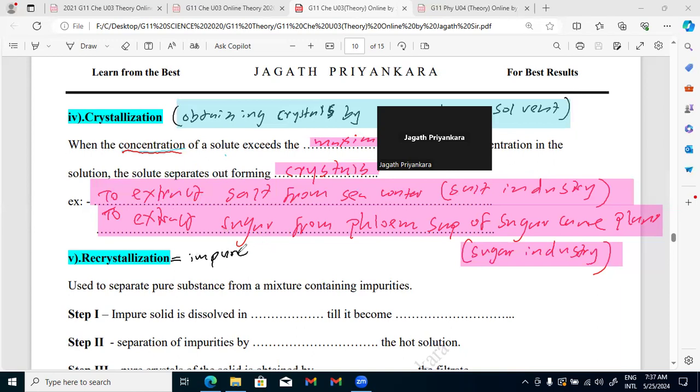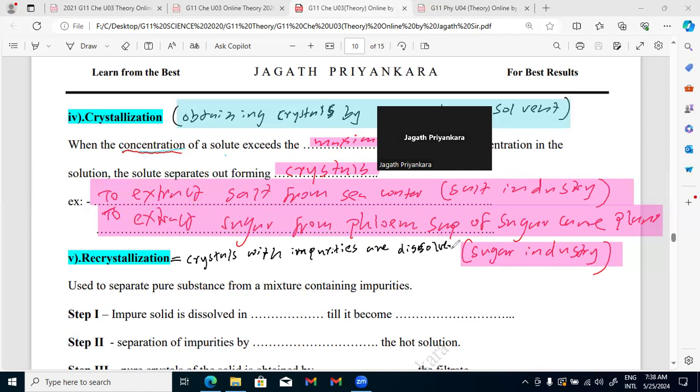Impure crystals, impure means crystals with impurities, are redissolved in hot solvent and cooled to get pure crystals again.